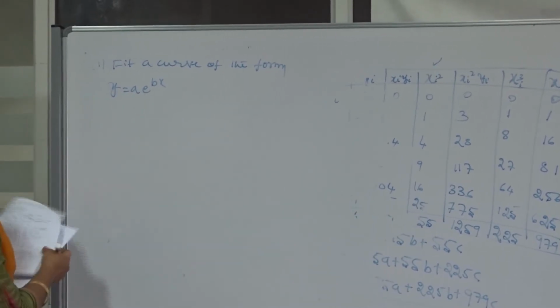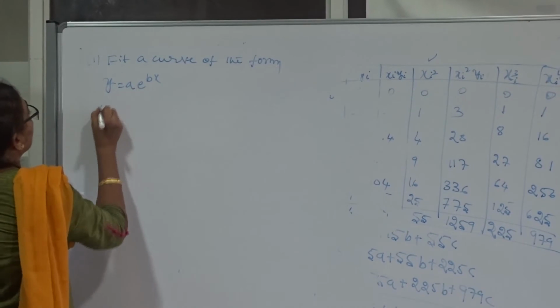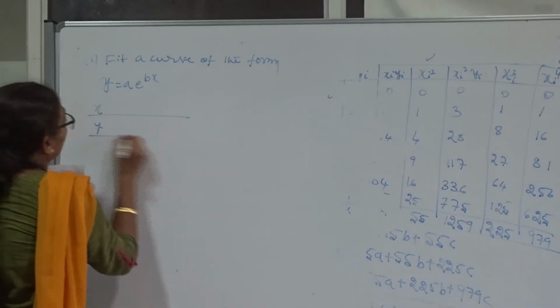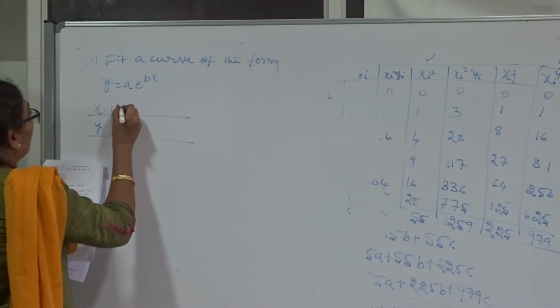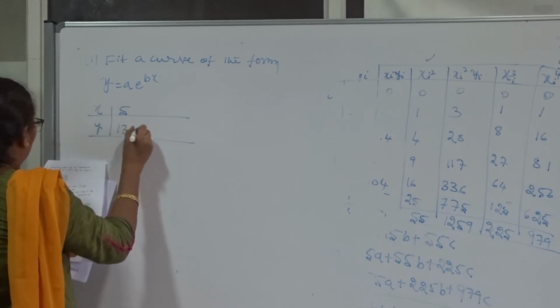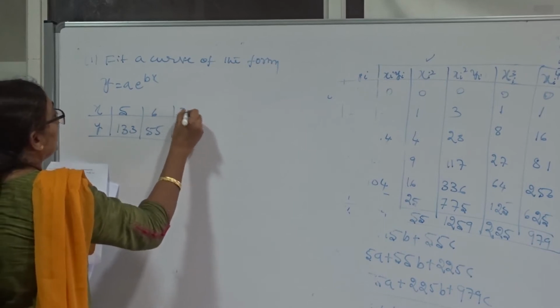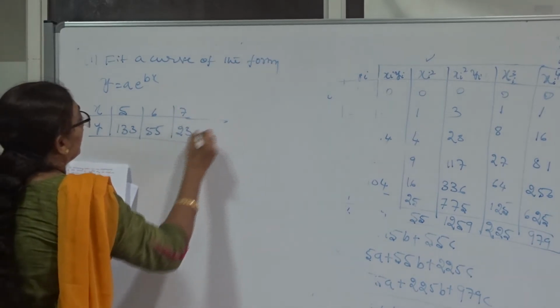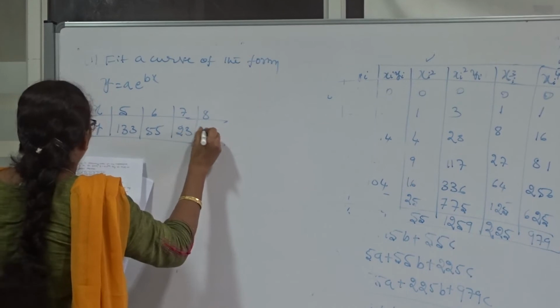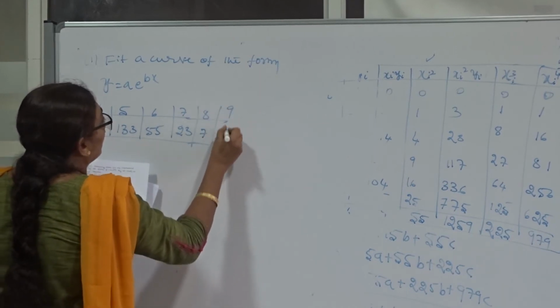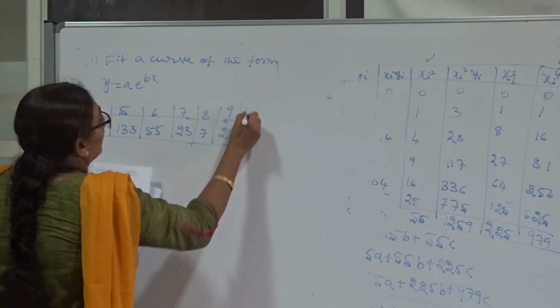The data is x, y: 5, 133; 6, 55; 7, 23; 8, 7; 9, 2; 10, 2.